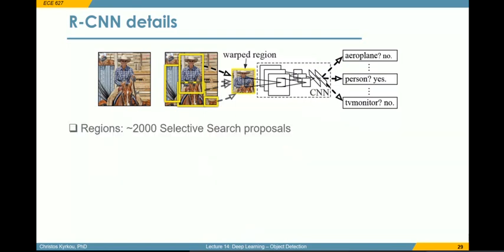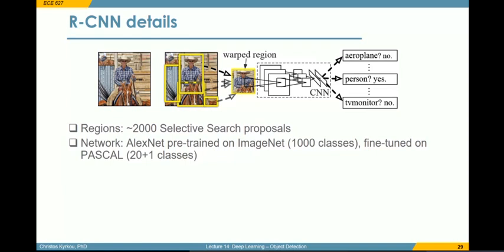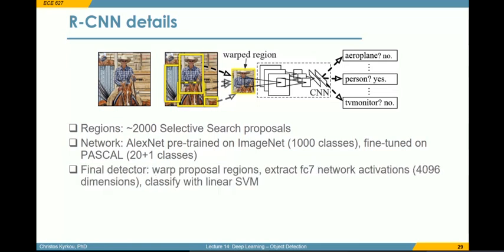The RCNN algorithm extracts around 2,000 selective search proposals. As a feature extractor, they used AlexNet. Later versions used different CNNs. AlexNet here was pre-trained on ImageNet, and it was then fine-tuned on the PASCAL VOC dataset.